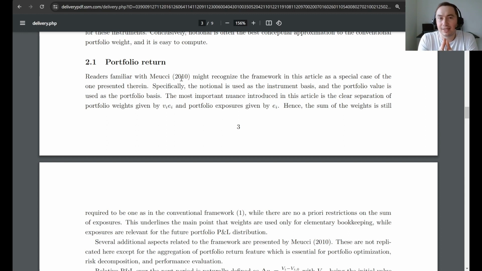The point is that in that article the framework is presented in a quite general way with no real suggestions for how to unify everything. So this is what we improve on in this article by having a clear separation between portfolio weights and portfolio exposures, and a practical recommendation for what you can use on multi-asset as exposures.